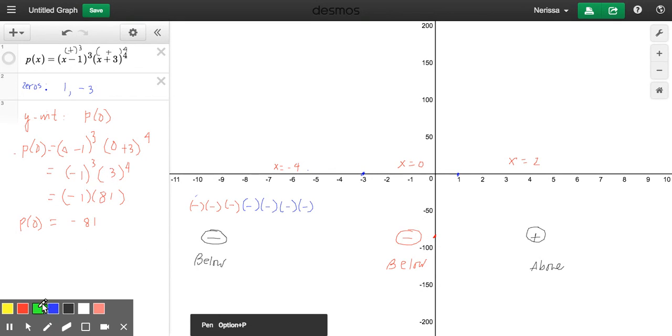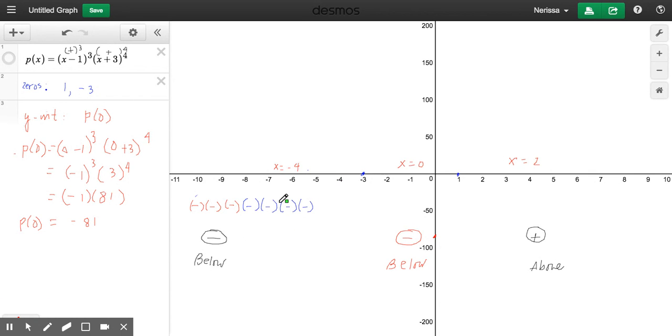So if we sketch the graph, it says here that in this section it is below. Then in this interval, it's also below. So it can't go to the positive territory. It's going to go back to the negative territory and stay here.